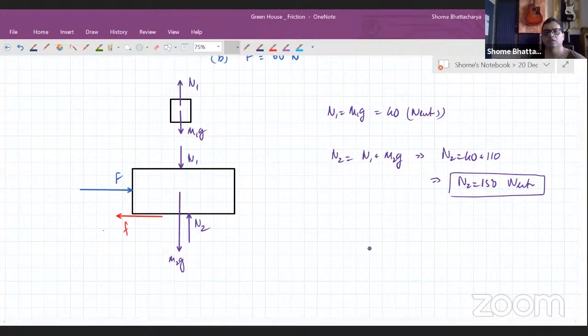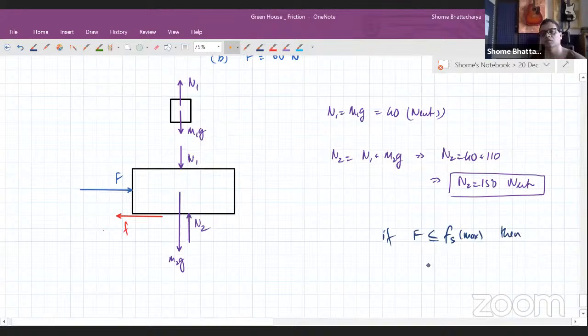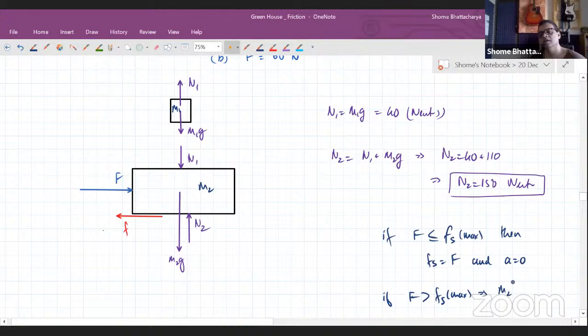So you'll see that if F is less than equal to the maximum static friction, then static friction will balance F and acceleration will be 0. Whereas if this force is greater than the limiting friction, the block M2, okay, then M2 block will slip forward with acceleration non-zero, and the friction will be kinetic friction.